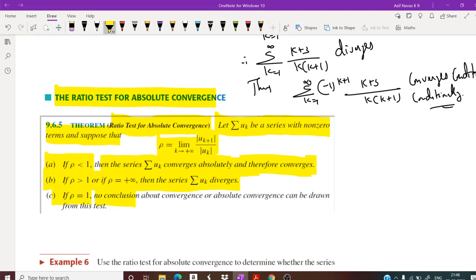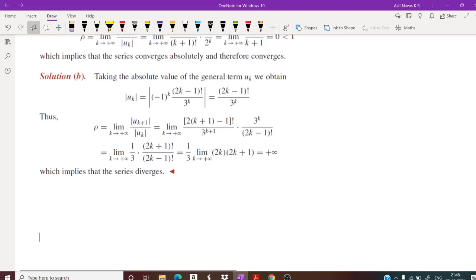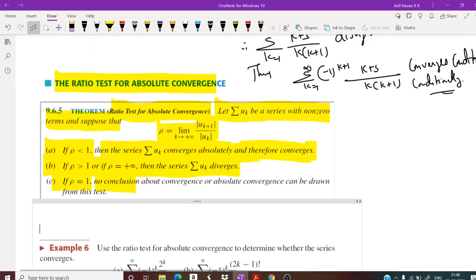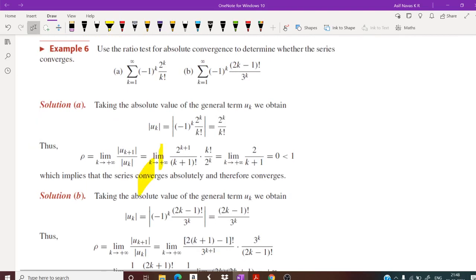Okay, so we will do a problem. Use the ratio test for absolute convergence to determine whether the series converges. So the first problem is sigma k equal to 1 to infinity, minus 1 power k, 2 raised to k by k factorial.